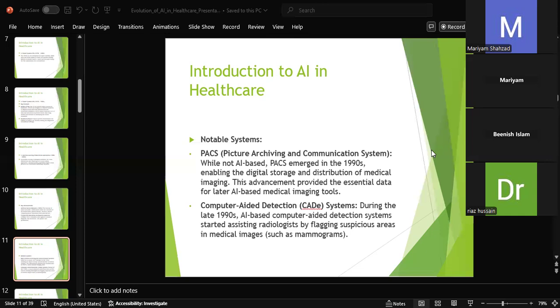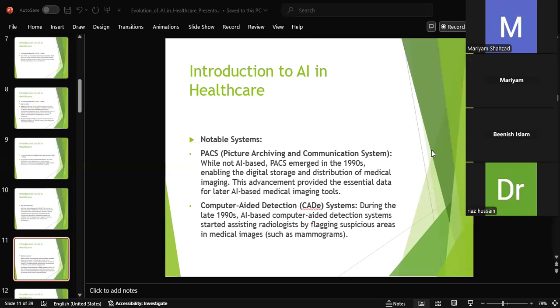Then it was also used in colonoscopy. In virtual colonoscopy, these systems were used and could identify polyps in CT colonography images. Then we can take another example: brain imaging. How did it help in brain imaging?